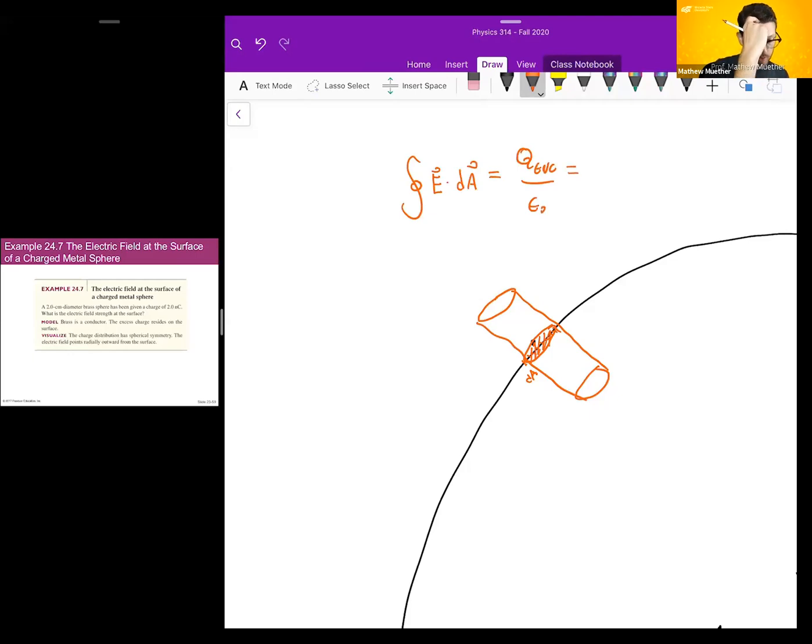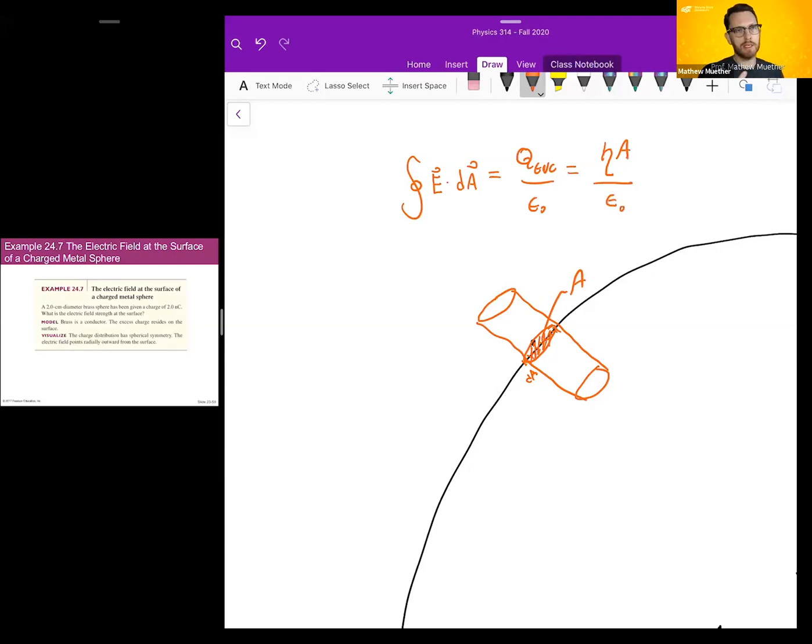Well, I know what the total enclosed charge is for that particular object. It's that surface charge density that I just calculated times whatever this area is. Let's say this has cross-sectional area A. That's how much charge is enclosed in that Gaussian surface, divided by epsilon naught.